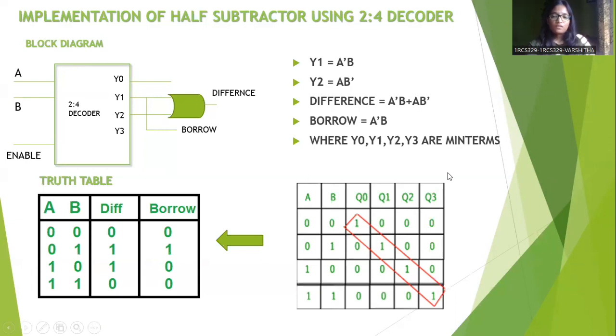When we compare the truth table of the 2 to 4 decoder and the half subtractor, we can say that Q1 plus Q2 gives the difference, and Q1 gives the borrow. So 0 minus 0 is 0, 1 minus 0 is 1, 0 minus 1 is 1, and 1 minus 1 is 0.